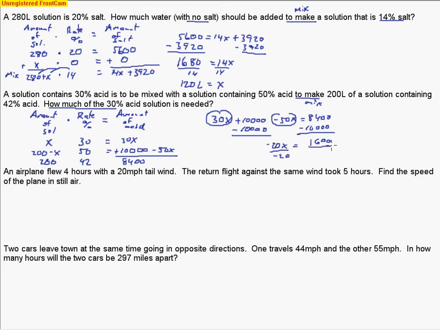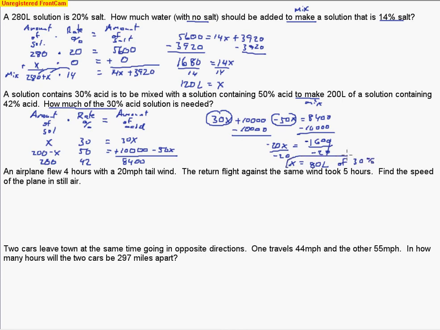Divide by the negative 20, and this is going to be a negative 1,600 as well. x ends up equaling, 2 goes into 16 8 times, and we cancel out 2 zeros, so just 80. So there it is. 80 of the 30% is needed. These are liters, it looks like. 80 liters of the 30%.